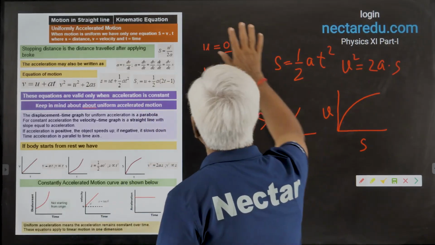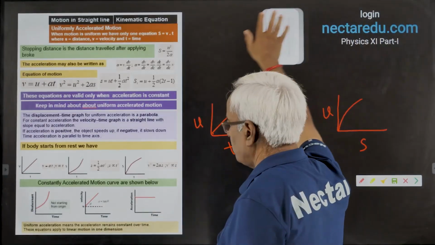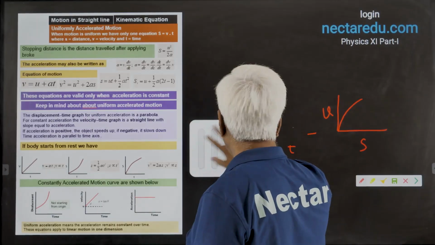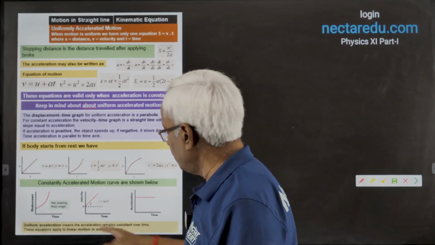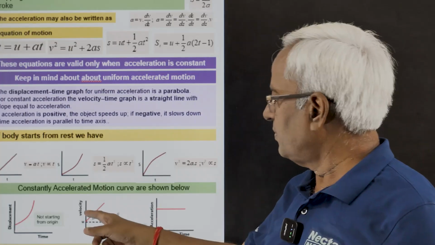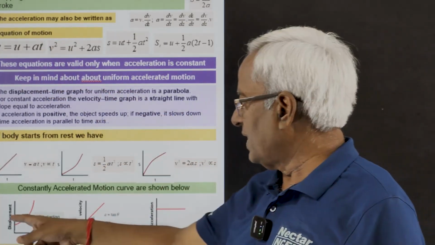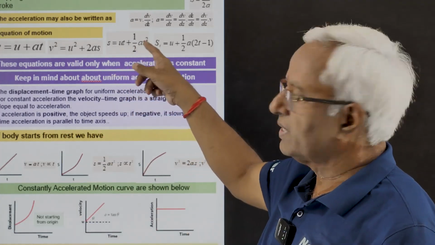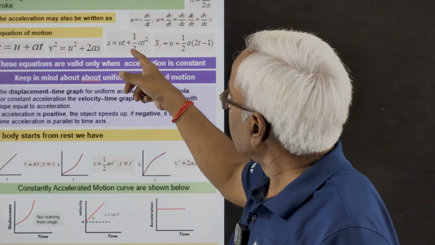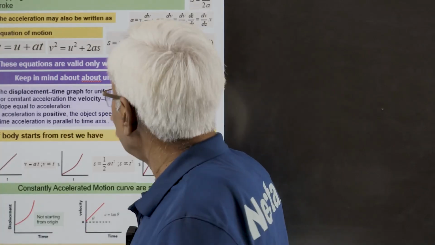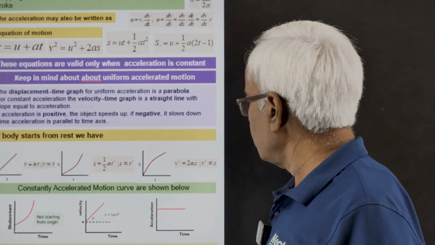And then finally, have a look at these graphs. You see, between velocity and time, on the basis of this first relation, it's a linear relation. Between s and t, on the basis of this second relation, ut plus half a t square, this is a parabolic relation.